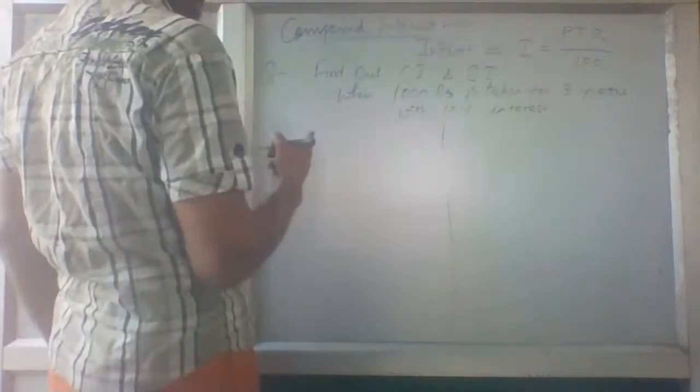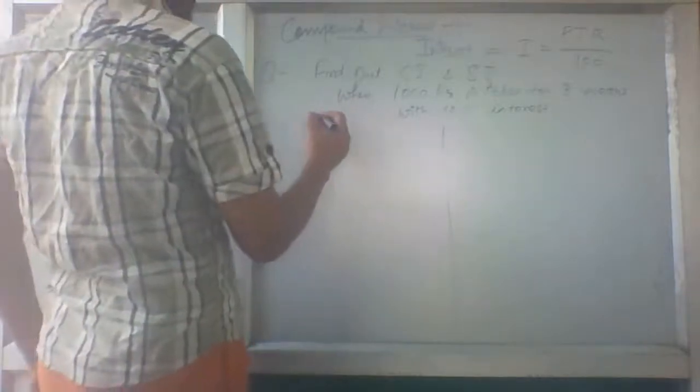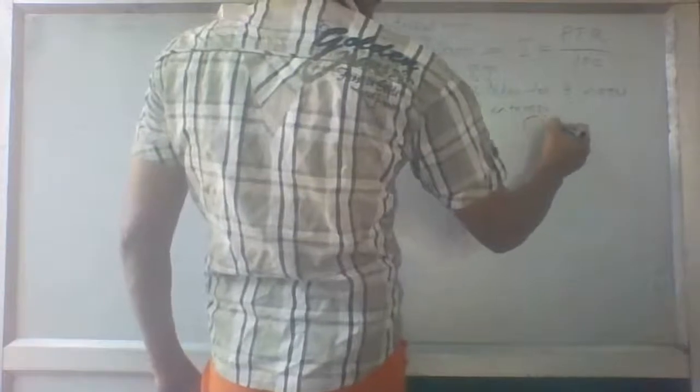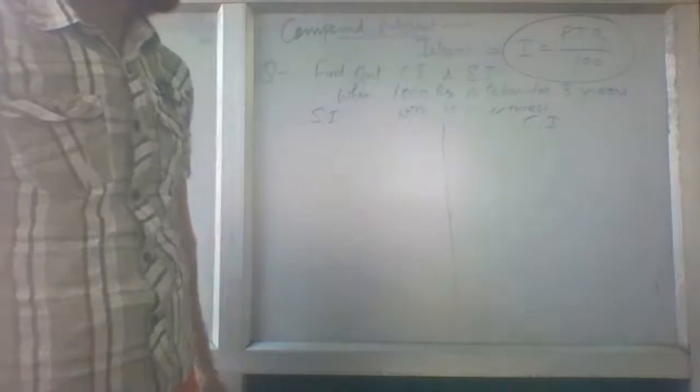For both, first I will take out the simple interest, then the compound interest. What will happen for both these questions? Only one formula will be used, and that formula is this: interest is equal to PTR upon 100.